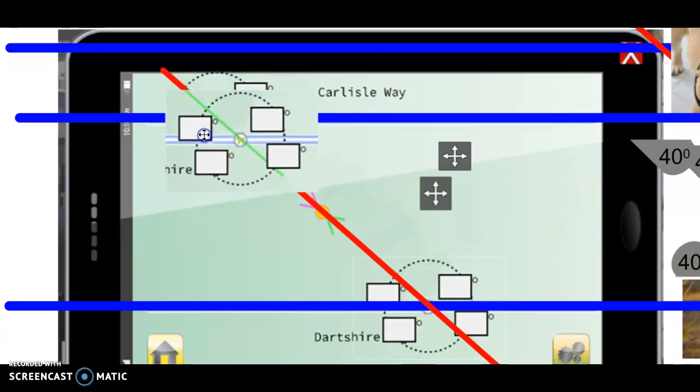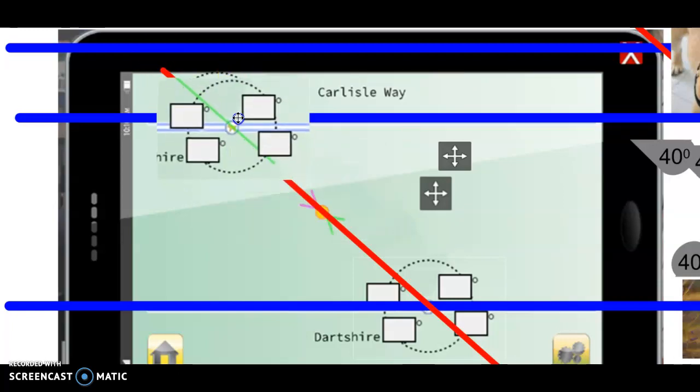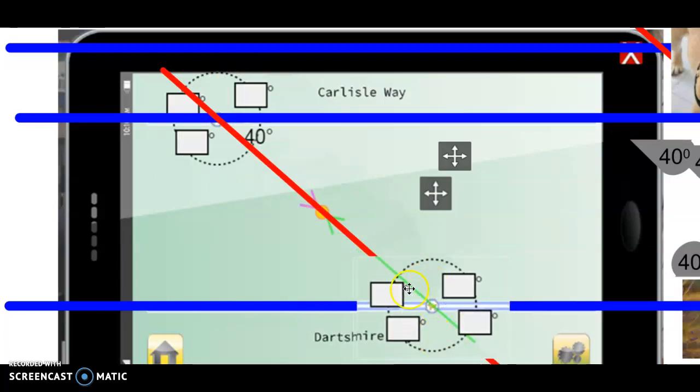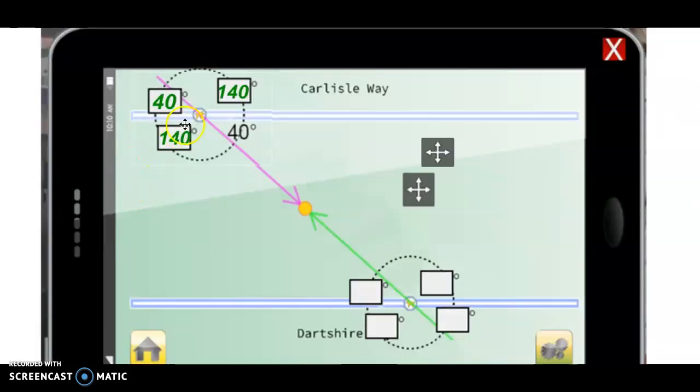Did you see how that worked? Whatever these angles are here, I can take those and slide them down and they'll exactly match these angles here. We just found out what those angles are, so we're going to use that information. We found out these are 40, 140, 40, 140, and we can slide this down the parallel lines. I can find out what these are merely by sliding along that transversal.